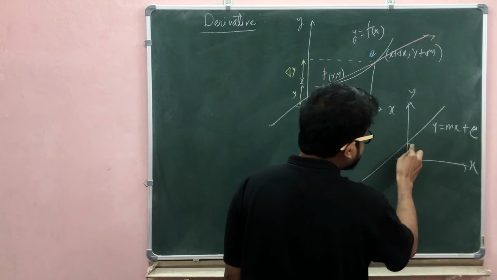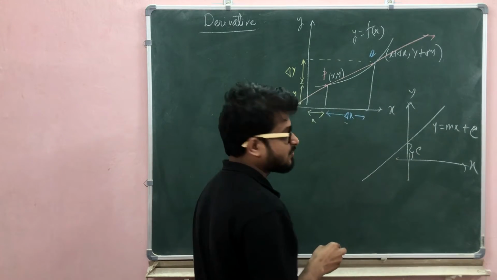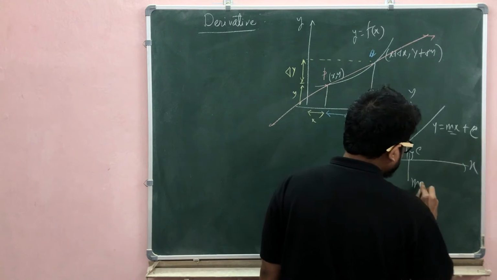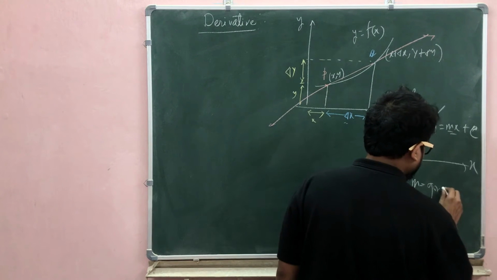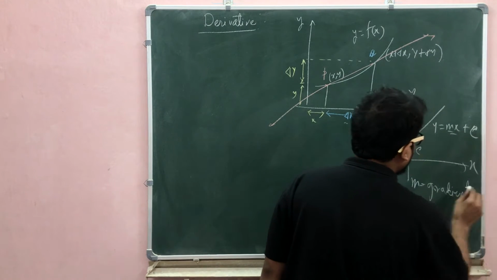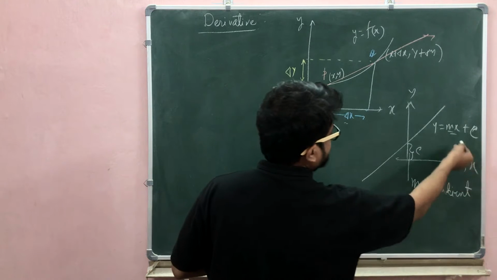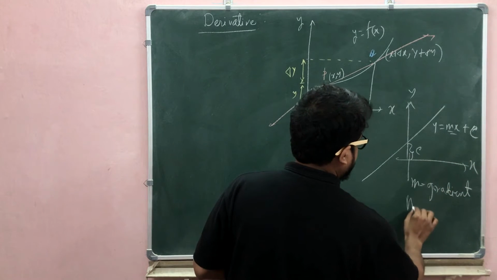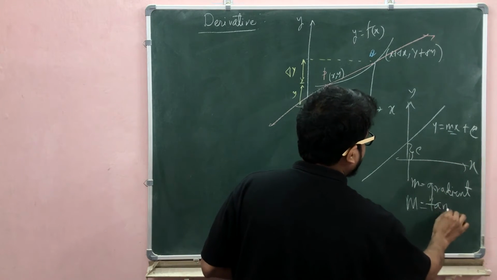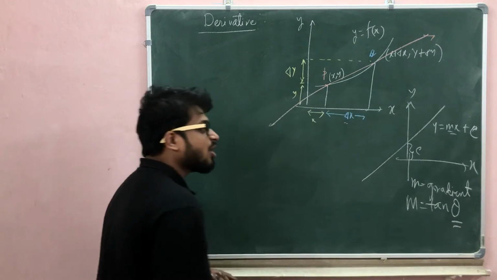The c is that distance and m is called the gradient. And m equal to tan theta, where theta is the slope angle.